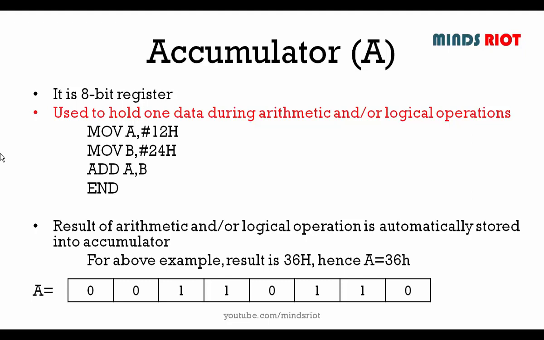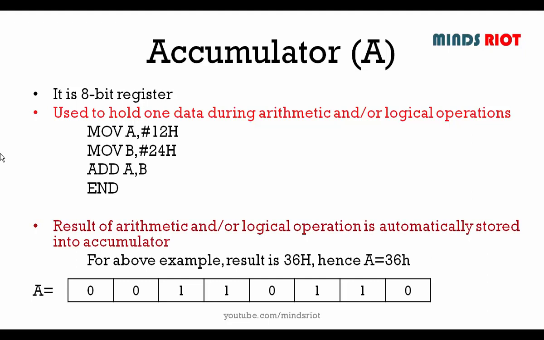In this example, we are going to add contents of accumulator and register B. One content must be in the accumulator, while the second content might be in register B or a register bank register. But one content must be in the accumulator.